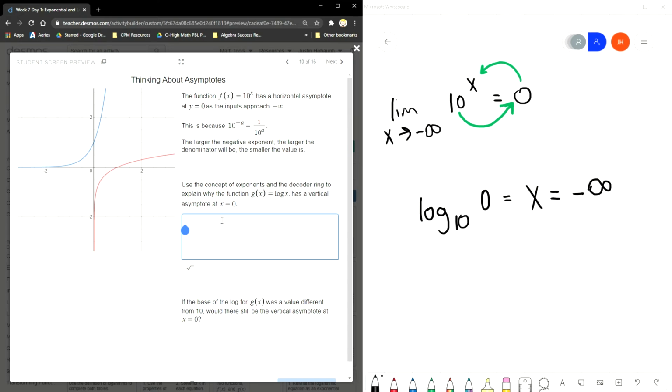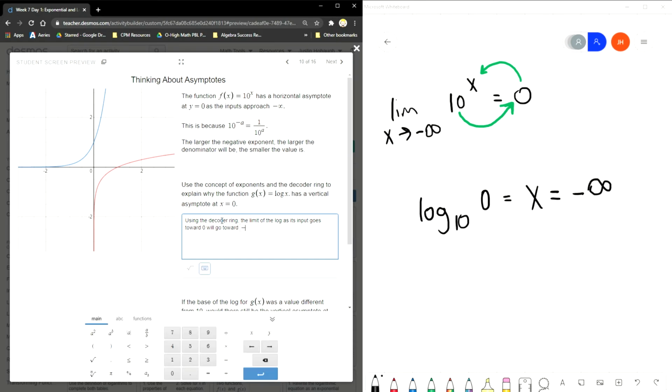I would say, using the decoder ring, the limit of the log as its input goes toward 0 will go toward negative infinity.